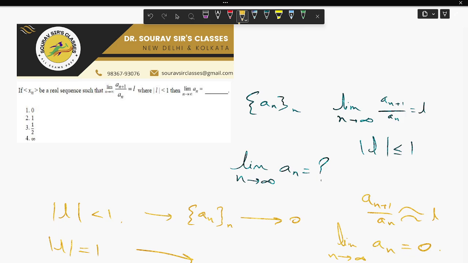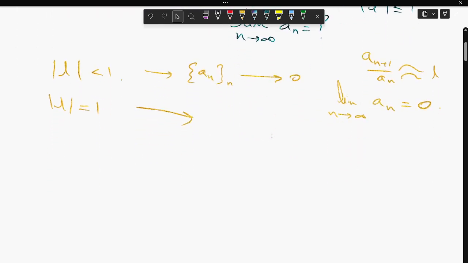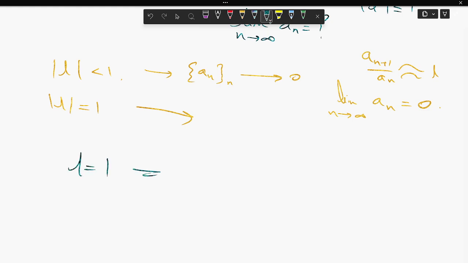Now we are going to think about our case 2, which is mod of L equal to 1. If the mod of L is equal to 1, the behavior of an depends on the specific sequence. For example, if L is equal to 1, then the term by term ratio will be 1. So all the terms are the same, and that will be a constant sequence.